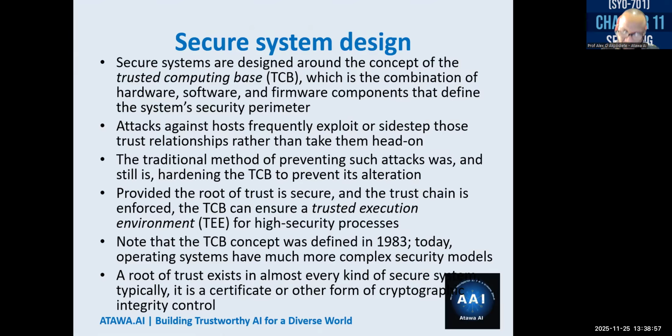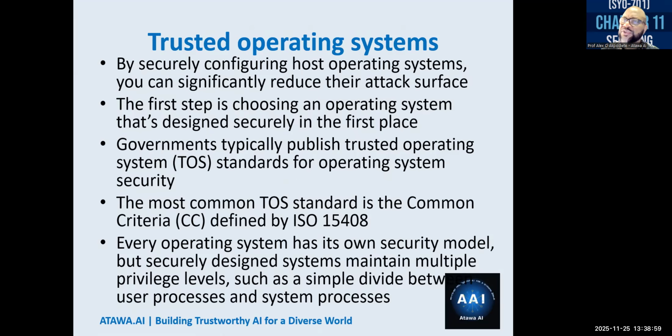So how do we harden our system? But also our operating system, that was just about security design. If you want to configure your host operating system, you need to make sure you configure it in a secure way to reduce what's called the attack surface. Obviously, step one is to make sure you choose an operating system that is designed securely in the first place.